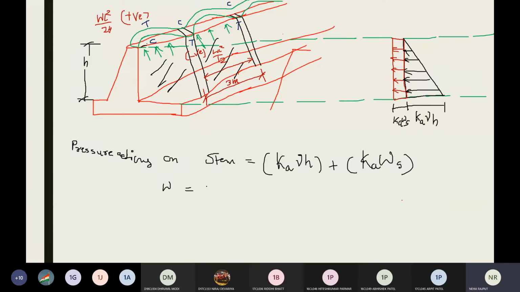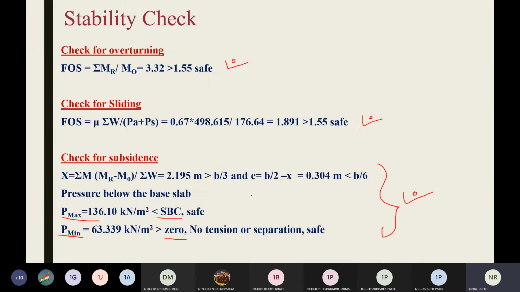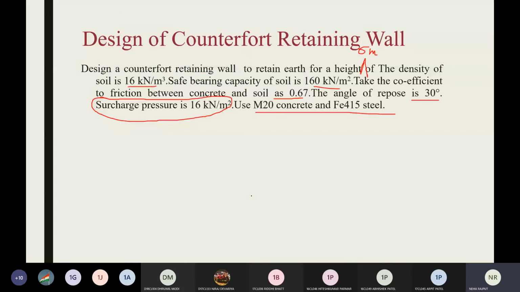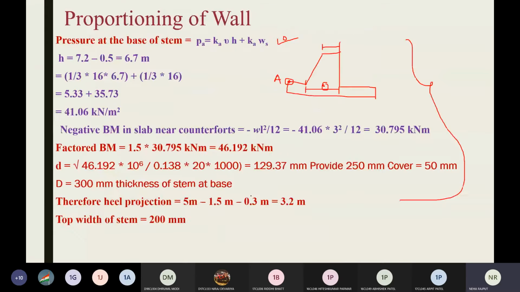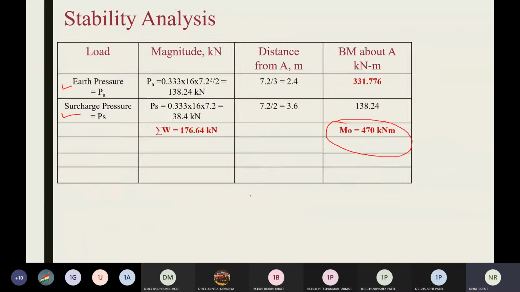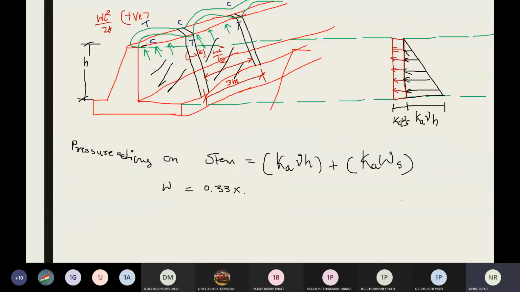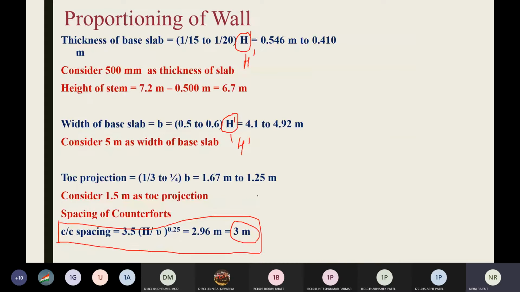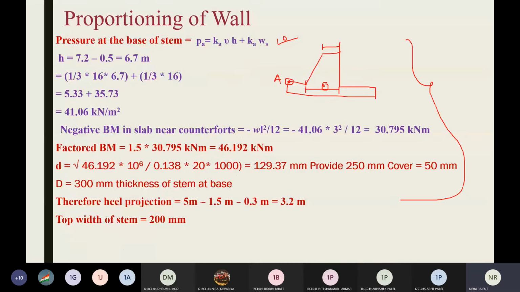Your Ka is 0.33, and the unit weight of soil is given as 16 kilonewton per meter cube, into the height of the stem. Height of the stem, you get from proportioning.